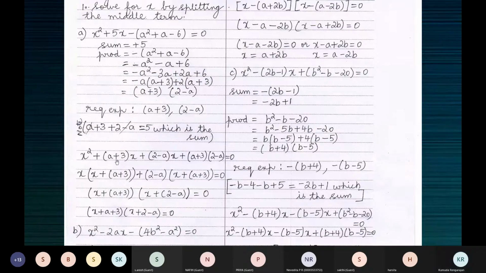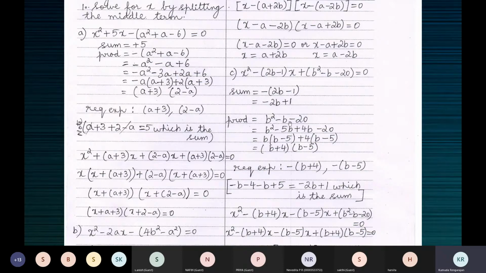See here, if you're going to use 2 and 3, you will say 2x and 3x. If you have to split 5x with the numbers 2 and 3, you will say plus 2x plus 3x. Similarly here, the expressions are A plus 3 and 2 minus A. So A plus 3 of x, 2 minus A of x.